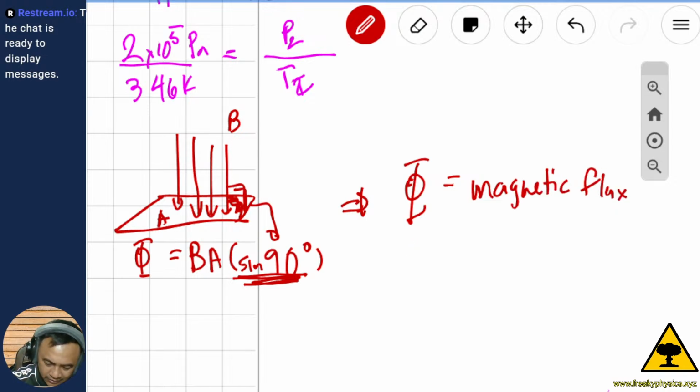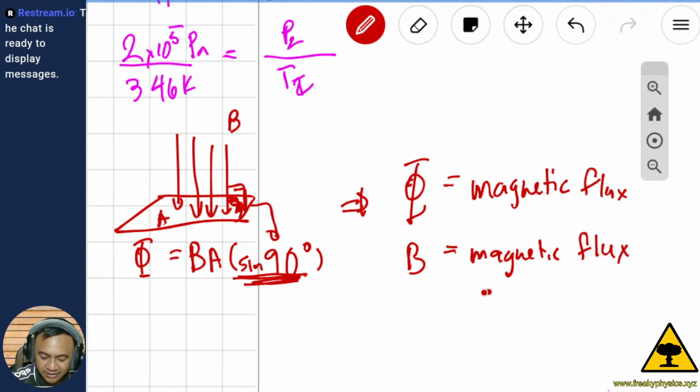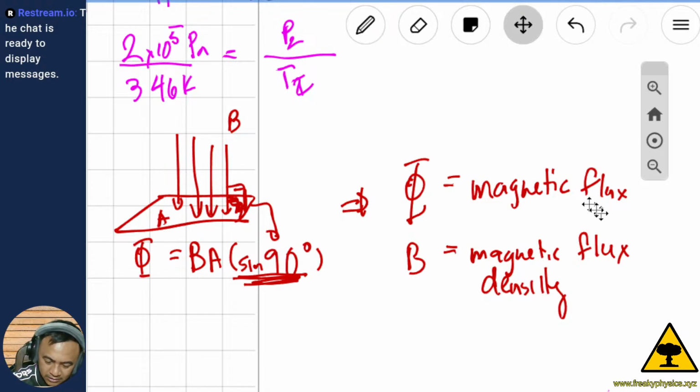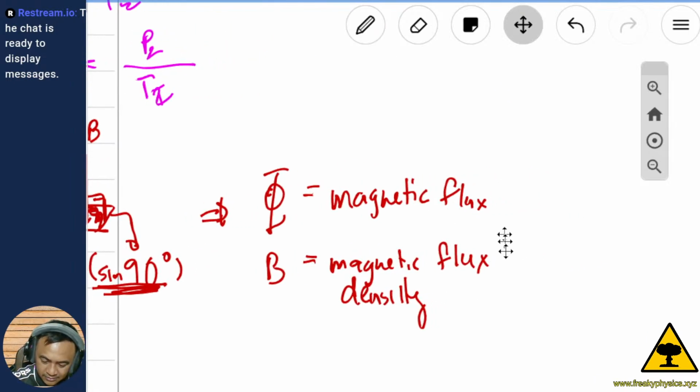Now let's also keep this. This is magnetic flux density. Now we normally call this magnetic field strength, right? But we'll use this other term, magnetic flux density. Or I'll just put it here, same as magnetic field strength.